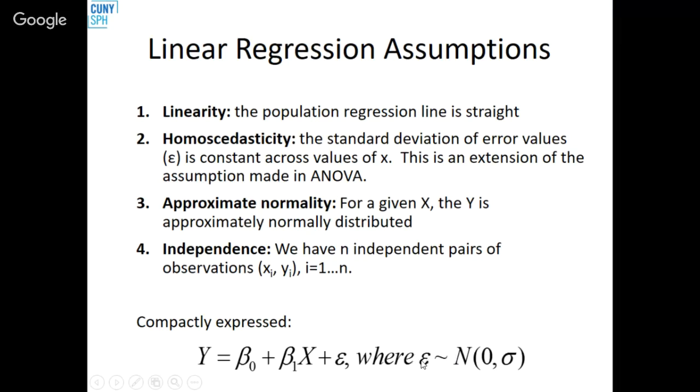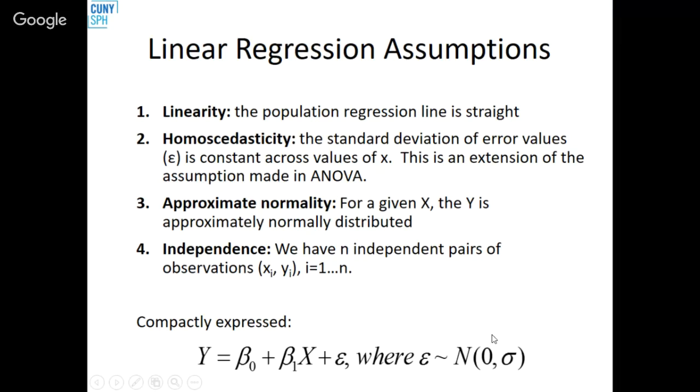It's saying that every error is independent of all the other observation errors, and they all have the same distribution with a mean of 0 and a constant standard deviation of sigma. So this contains the normality assumption. It's saying that the errors are normally distributed. Like I was saying, it's the errors that are normally distributed, not necessarily the Y's or the X's.